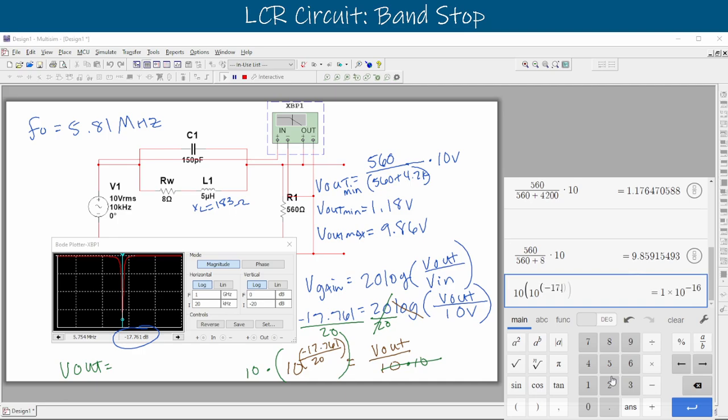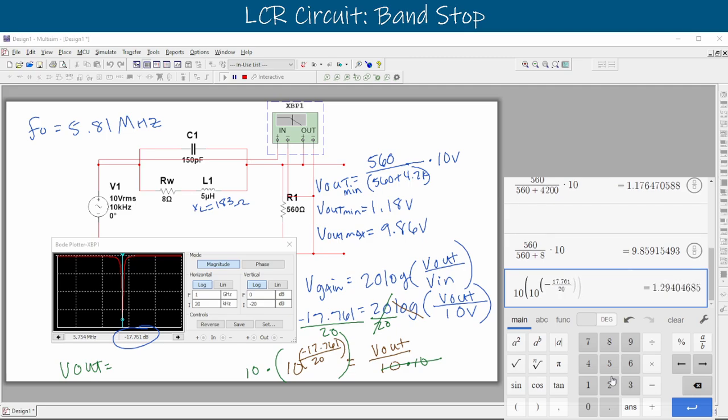It's negative 17.761 divided by 20. We'll close that parenthesis and the next one there. And that is going to be what we expect our output voltage to be, right? That's equal to our output. And so we'll say that that is 1.29 volts. Okay, let us know if you have any questions.